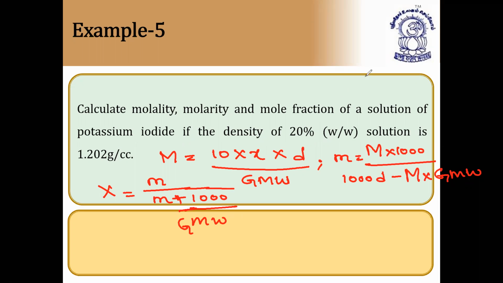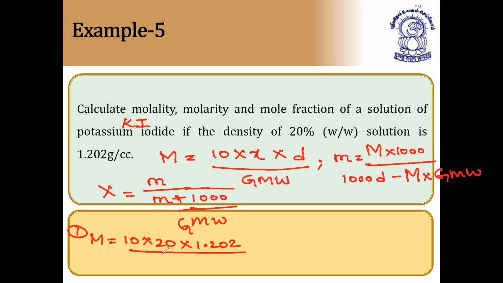Molarity, capital M, is equal to the first formula. Molarity is equal to 10 into percentage X, which is 20%, into density, which is given as 1.202, by the molecular weight of potassium iodide. Potassium is 39, so the molecular weight of potassium iodide is 166.